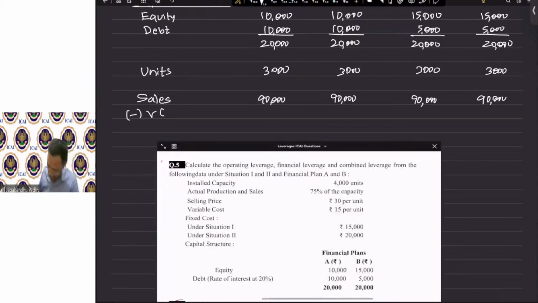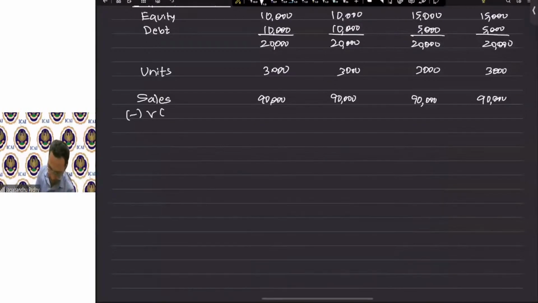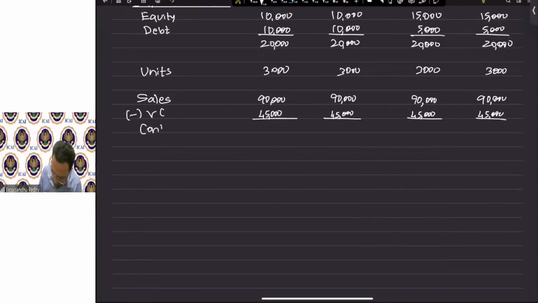Less variable cost is also 15 per unit, so that comes out to be 45,000. You get a contribution of 45,000. Up to contribution, in all the 4 columns, it is the same. What is going to be different is the amount of fixed cost.